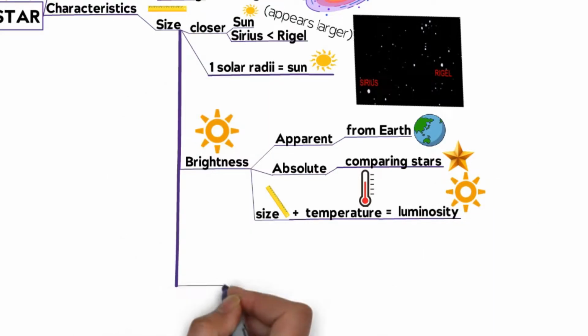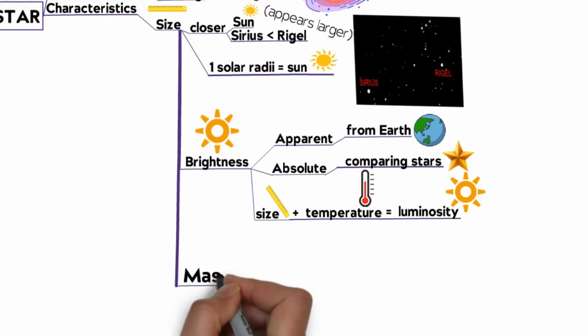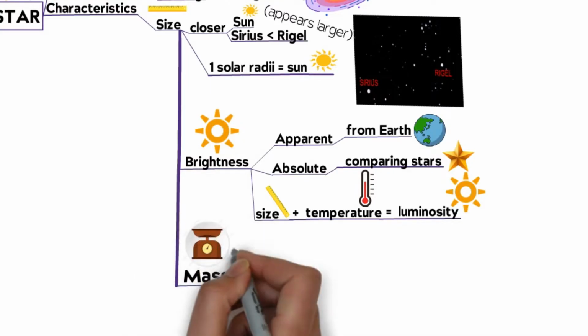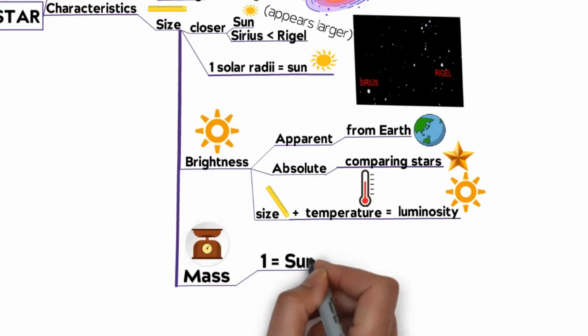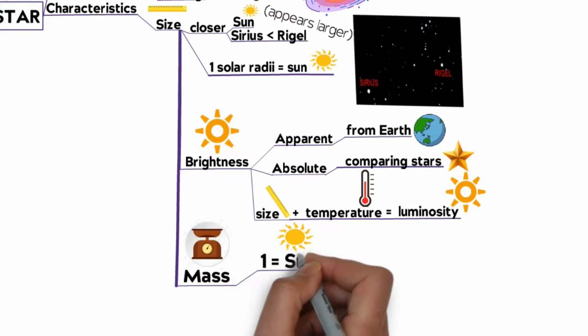Number 3, mass. A star's mass is also measured in terms of our own Sun, with 1 equal to the size of our Sun.